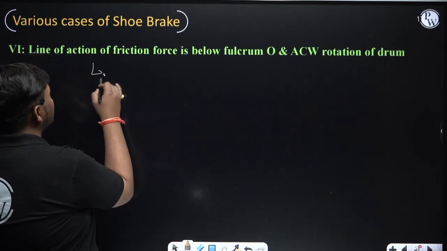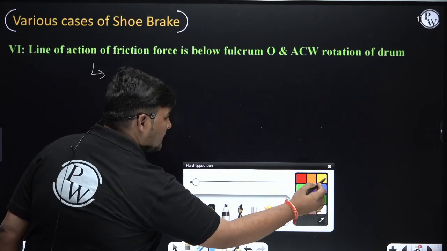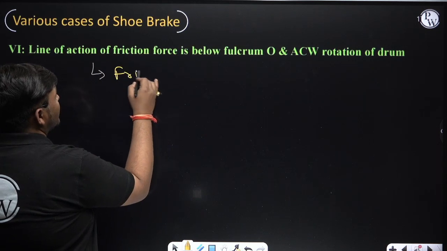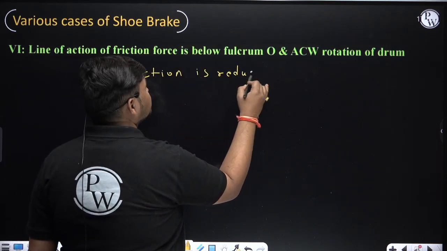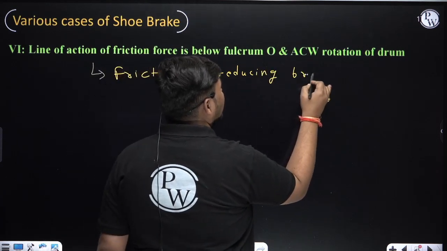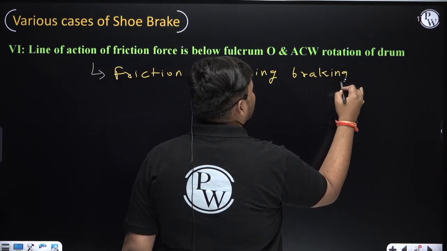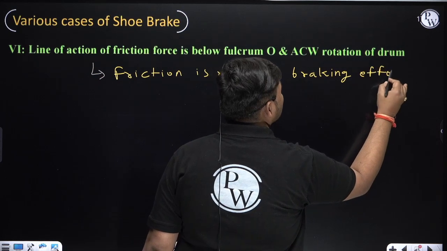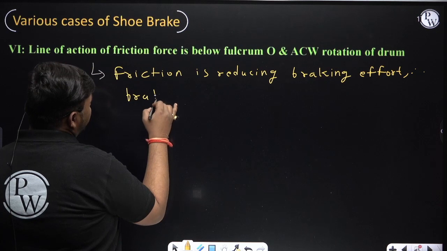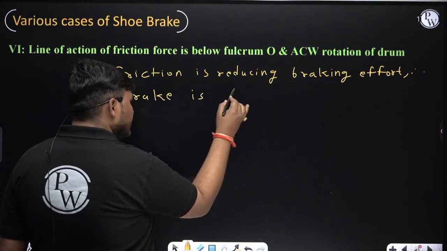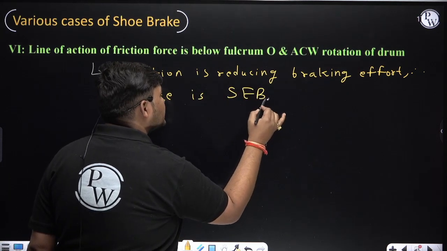So since in this case friction is reducing braking effort, therefore this brake is a self-energizing brake.